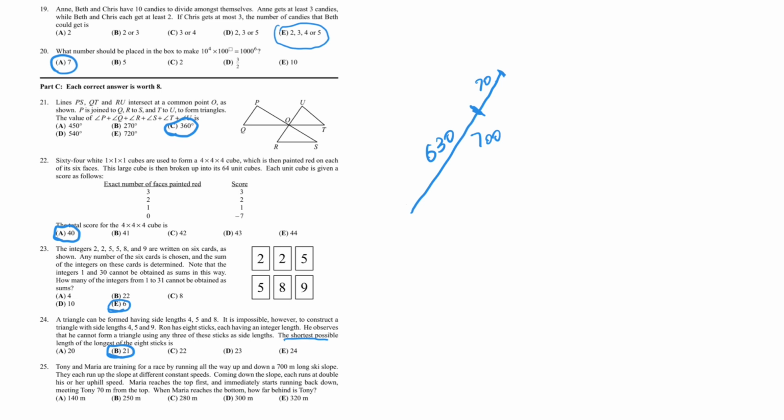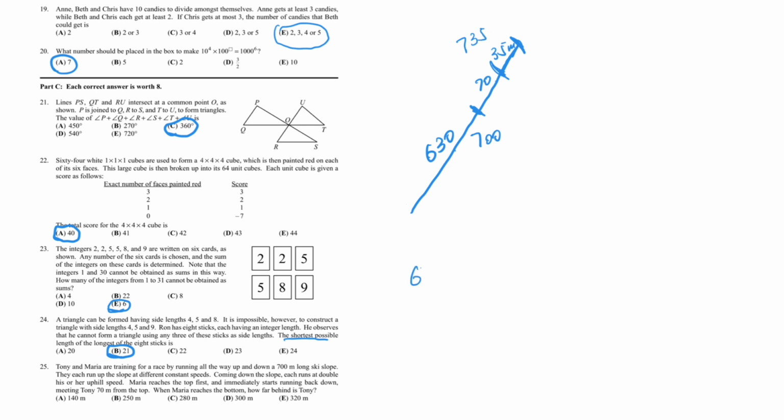Downhill 70 meters takes the same time as uphill 35 meters, because the speed downward is twice the speed upward. So that means Maria goes 700 plus 35, total 735.